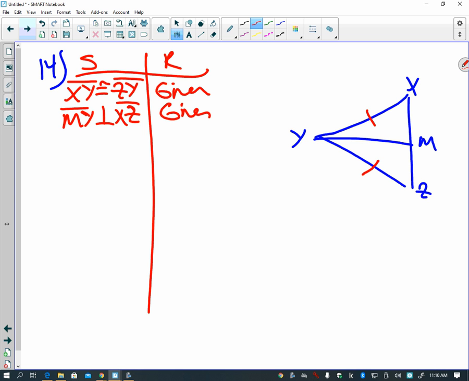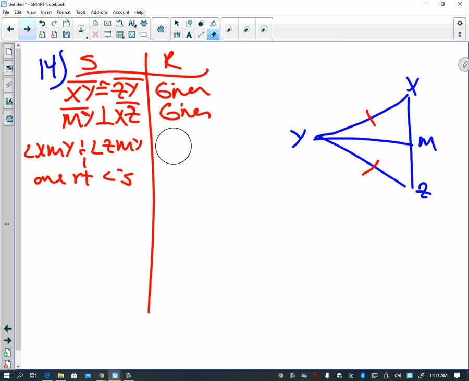We're going to say angle XMY and angle ZMY are right angles. That's not a given. We have to state that perpendicular lines form right angles.